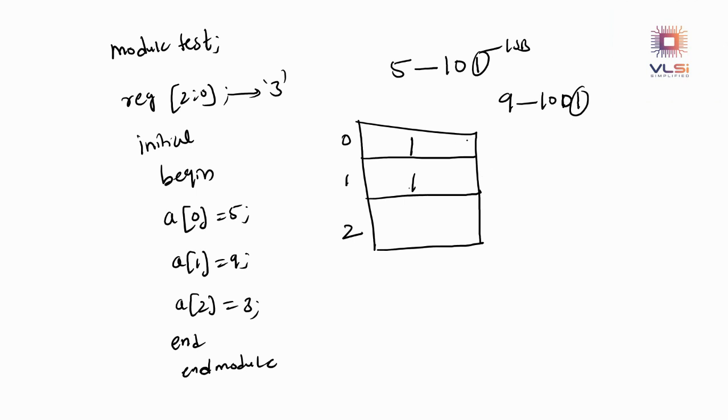Next, 9 in binary is 1001, so 1 will be stored. And 3 is 011, so the LSB bit will be stored. The reg is only one bit, so the LSB bit is what gets stored.